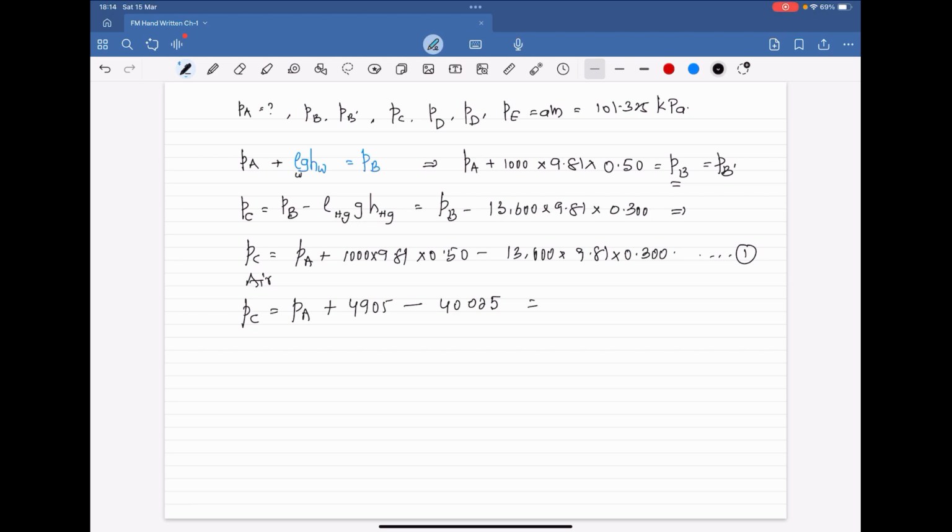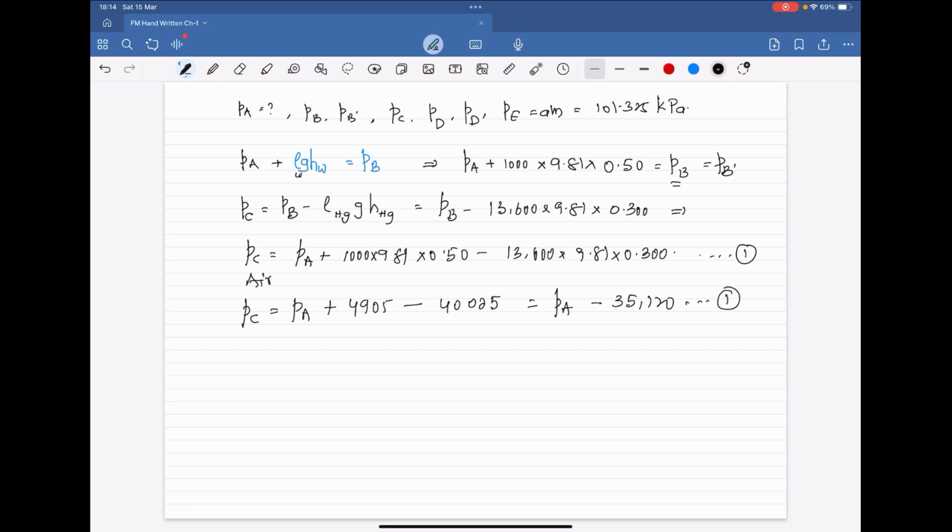That is equal to 40025 minus 4905, so PA minus 35120.